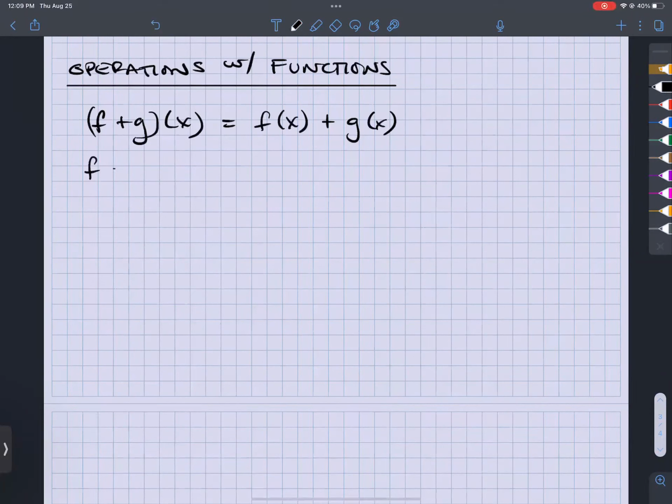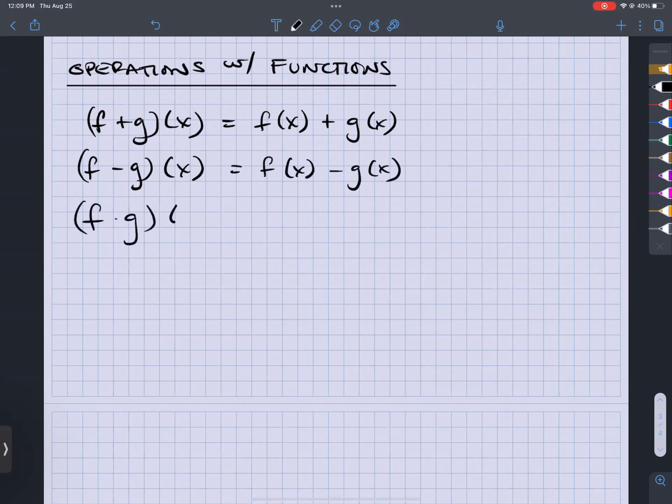And similarly, if it says f minus g of x, you're just going to subtract the two. And if it's multiplying, you're just multiplying the two. And same thing with dividing.